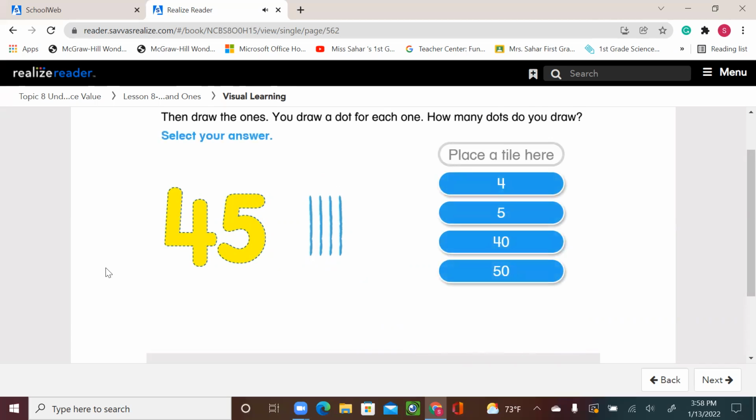Select your answer. I know I have 45. I know 40 are the tens and 5 are my ones. So now I have 4 lines representing the 40. Each line means a 10. So 10, 20, 30, 40. Now I'm looking for the 5 ones.